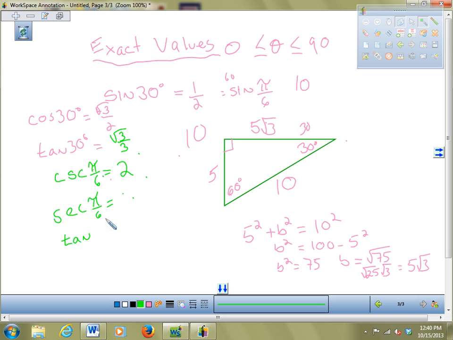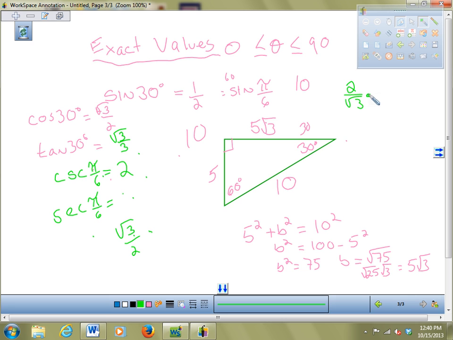So the secant of pi over 6 is equal to the reciprocal of root of 3 over 2. I want to flip it, so that becomes 2 over square root of 3.